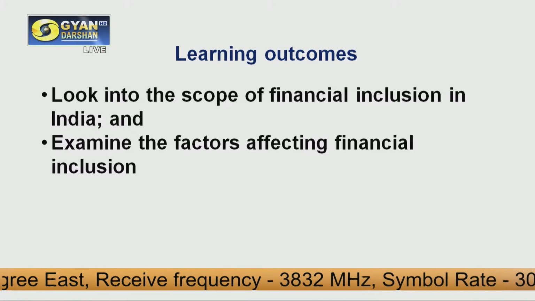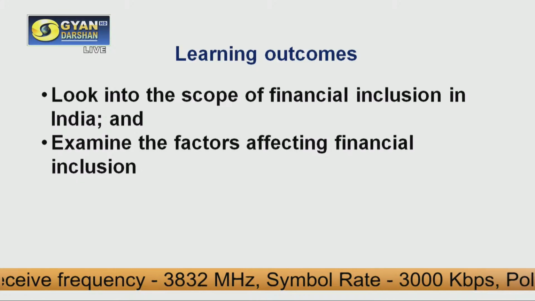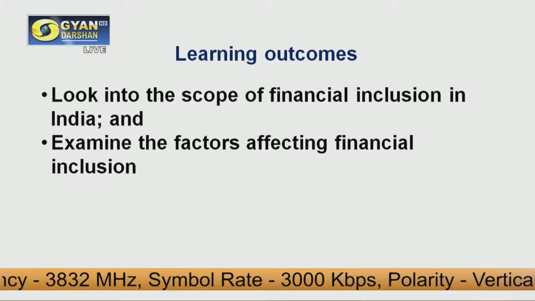Second, we are going to examine the factors affecting financial inclusion. Apart from that, we will also come to know certain efforts taken by the Central Bank of India to make every population access various financial instruments in the country.